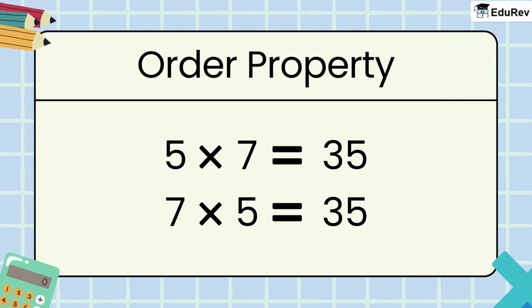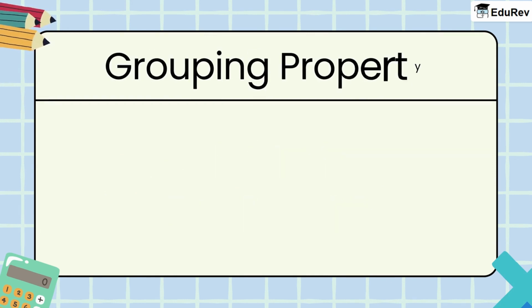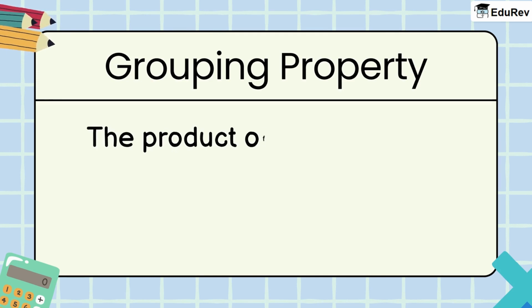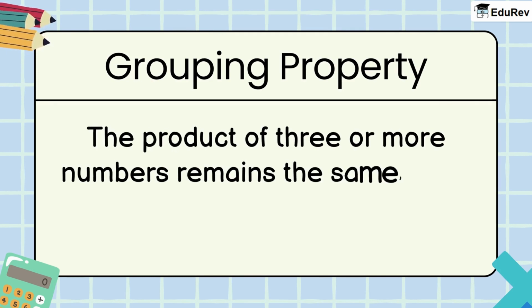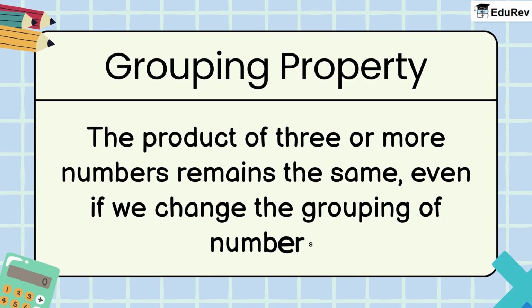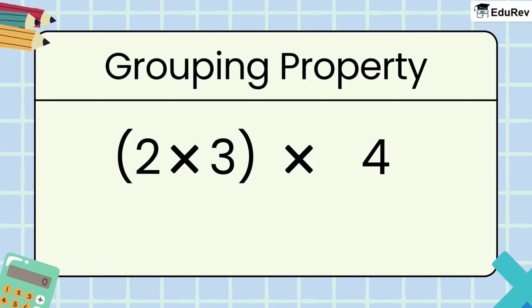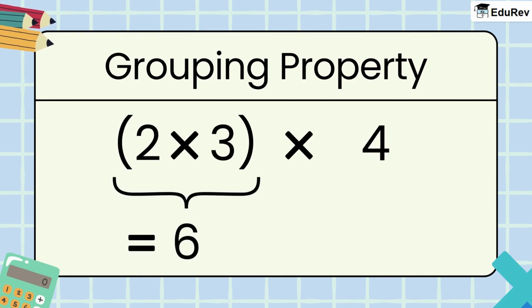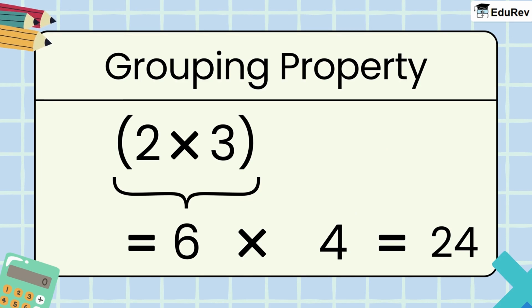The second one is the grouping property. The product of 3 or more numbers remains the same, even if we change the grouping of numbers. For example, 2 times 3 times 4. Here, 2 times 3 equals 6. And then, 6 times 4 equals 24.